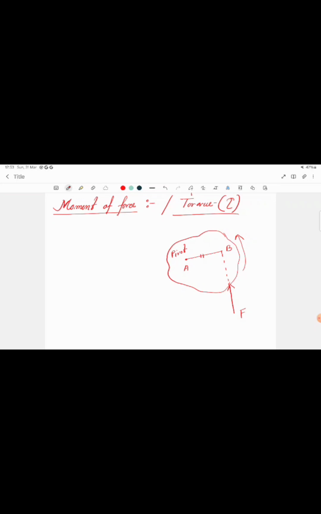If you say moment of force, you can say moment equal to force into the perpendicular distance of the line of action of the force from the axis of rotation.